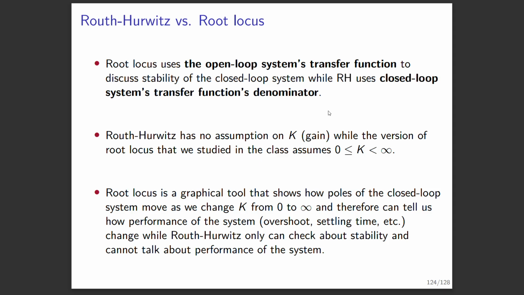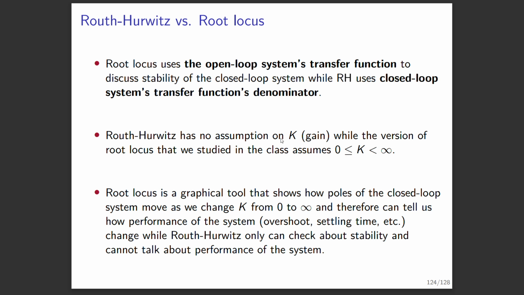Okay, so to recap, we had Routh-Hurwitz and Root-Locus. These are two methods that we use to determine stability. Root-Locus uses the open loop system's transfer function, but Routh-Hurwitz uses the closed loop system's transfer function and only the denominator.